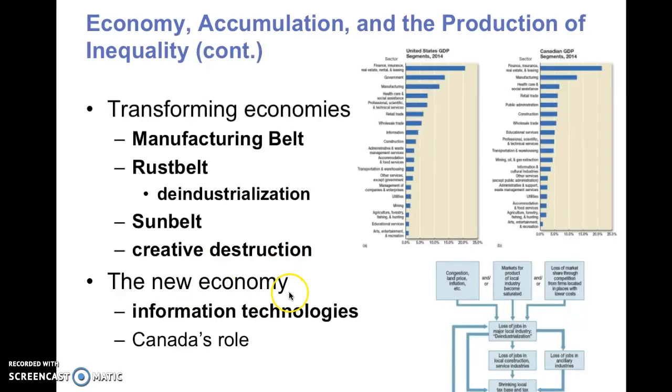The new economy is based in, and if you were taking the economic geography class, we'd be talking about Kondratiev curve, and that is about types of economies. The new economy is information technologies, and information technologies are everything to do with computers and mining information and new platforms.